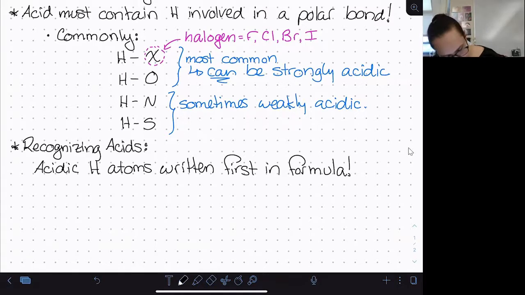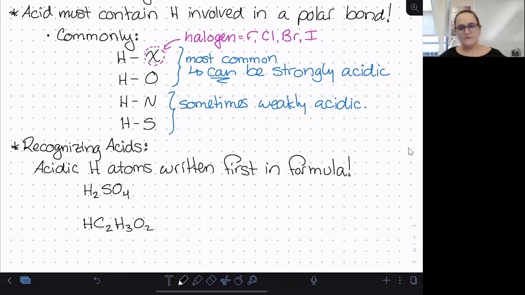So a couple examples of things that are acids: H2SO4, and one that I tend to get a lot of questions about, acetic acid, HC2H3O2. I frequently get asked, why are these H's separate?